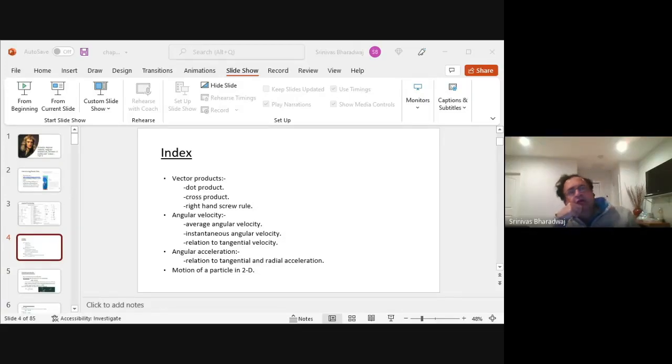That is called rolling motion. In rolling, there is both rotation and translation, so you have both a rotational component and a translational component to what is happening.